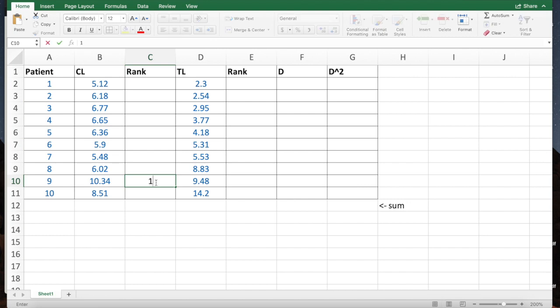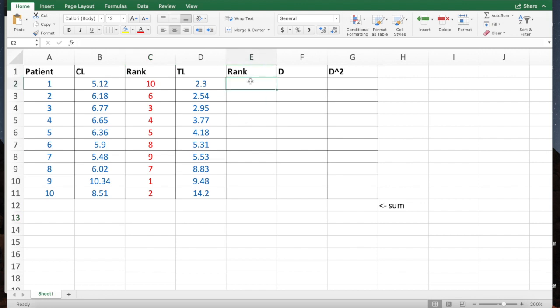This one is the first largest, and then the second largest, the third largest, fourth largest, fifth largest, 6. Keep in mind, again, 1 is the biggest, 10 is the smallest. Keep in mind for all of these, I'm ranking them from highest to smallest.